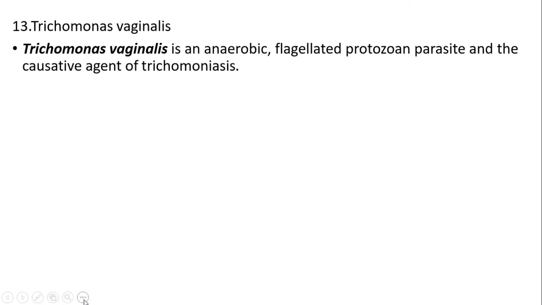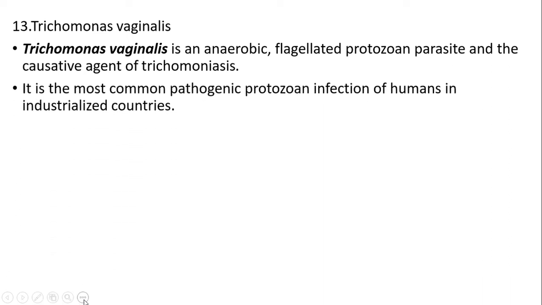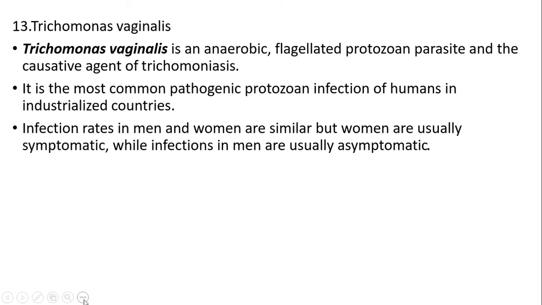Then Trichomonas vaginalis. Trichomonas vaginalis is an anaerobic flagellated protozoan parasite, the causative agent of trichomoniasis. It is the most common pathogenic protozoan infection of humans in industrialized countries. Infection rates in men and women are similar, but women are more usually symptomatic, while infections in males are usually asymptomatic.